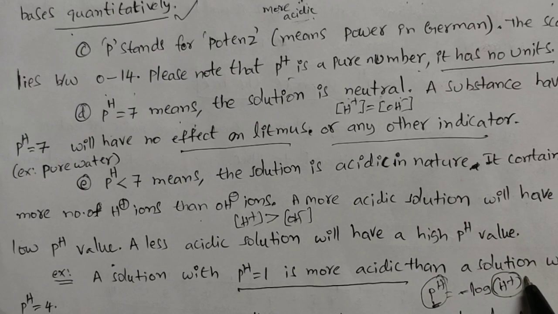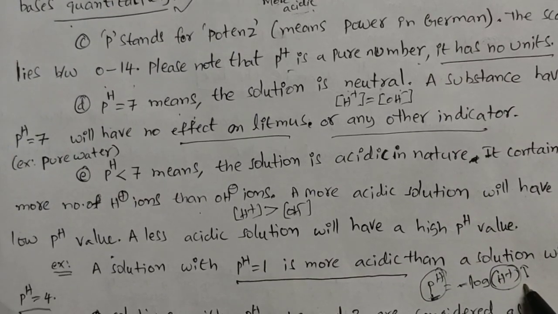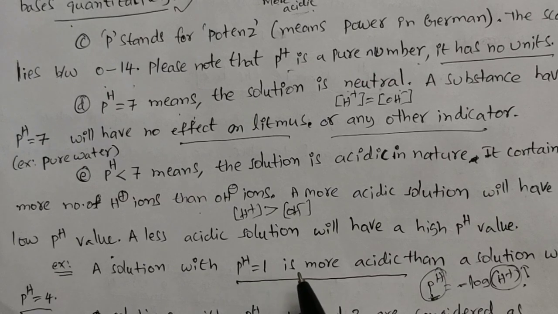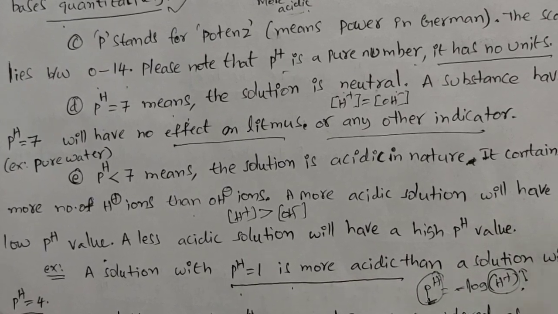What happens if you increase the H plus concentration? The pH value decreases. If you decrease the H plus concentration, the pH value increases. So as pH increases, acidic character decreases. pH decreases, acidic character increases.